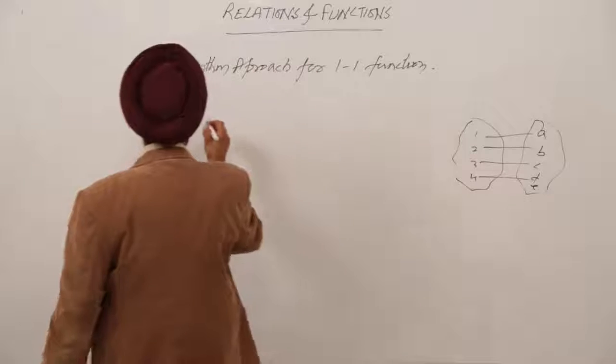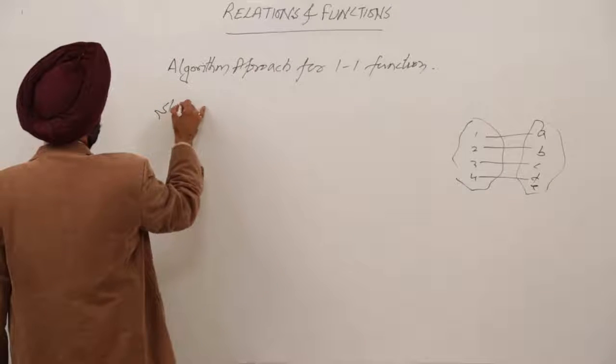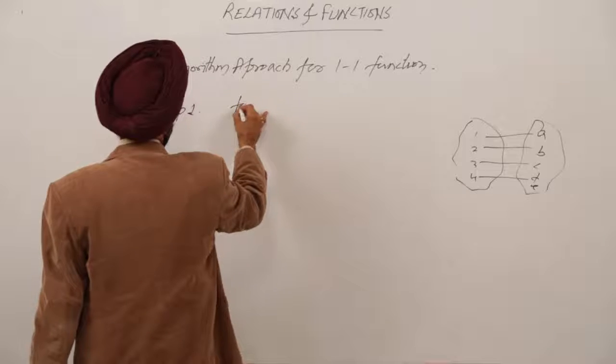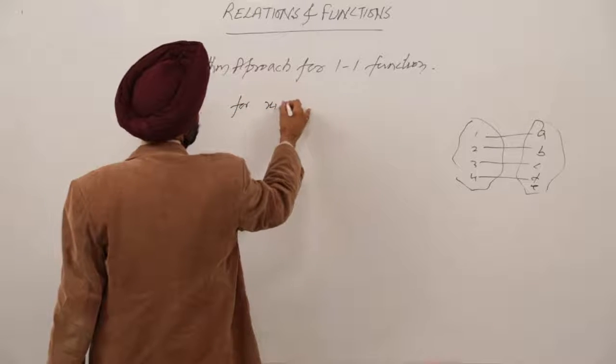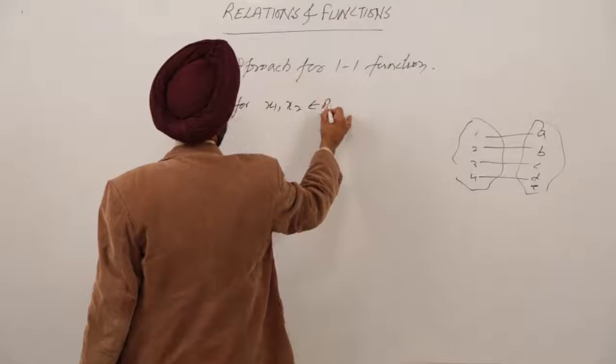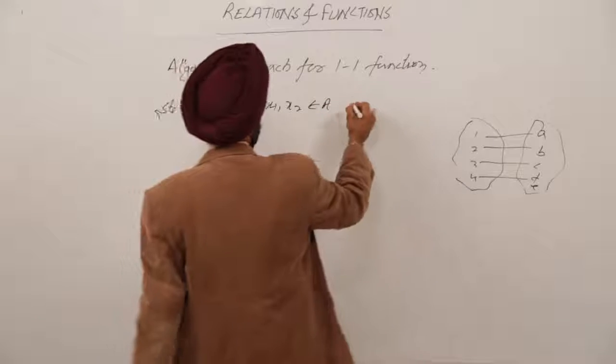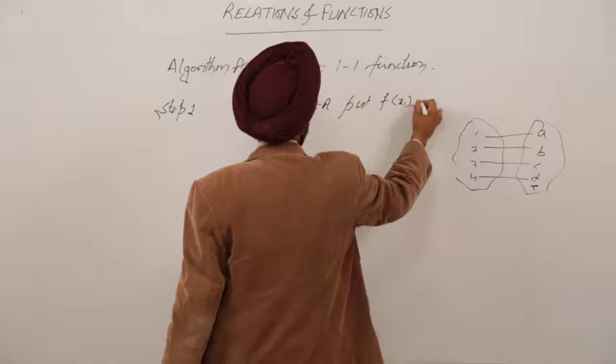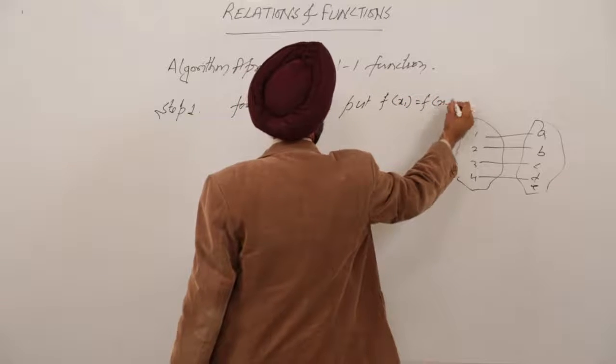Now step 1. For x1, x2 belongs to A, any set, put f(x1) is equal to f(x2).